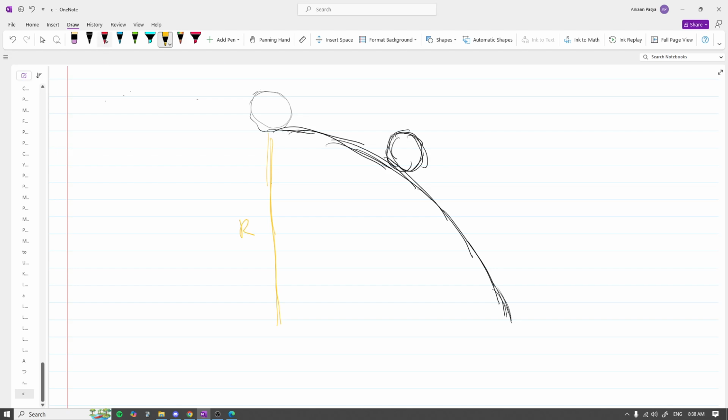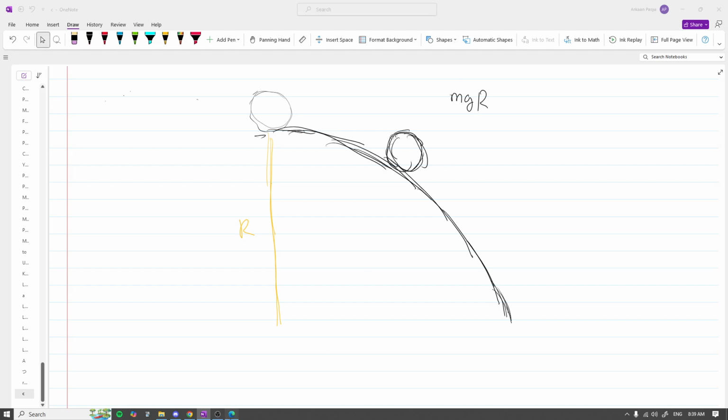Notice that we can use the conservation of mechanical energy. The mechanical energy at this point: we write the potential energy, that is mg times the height, and the height from here to here is r, so it is mgr, plus the kinetic energy.